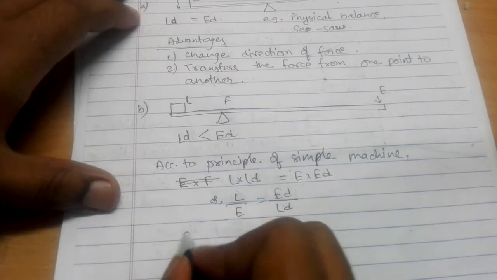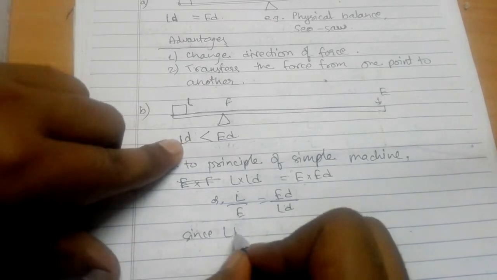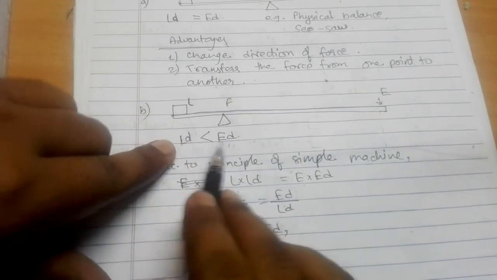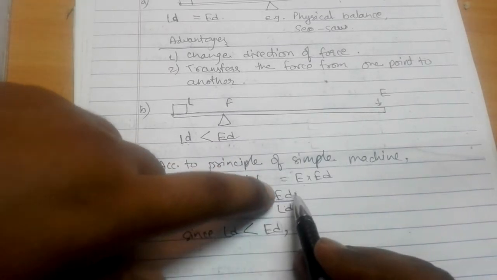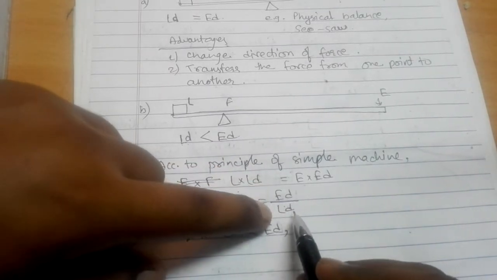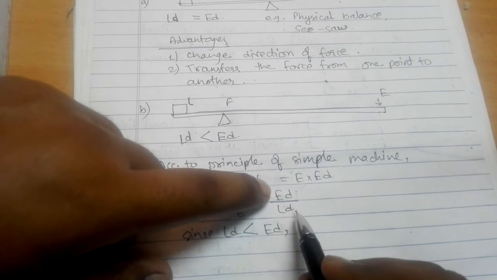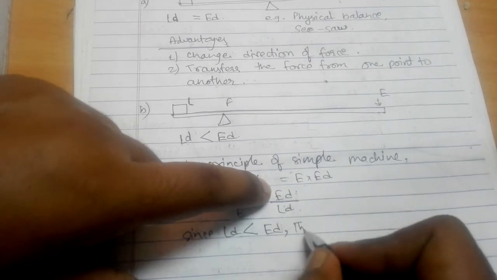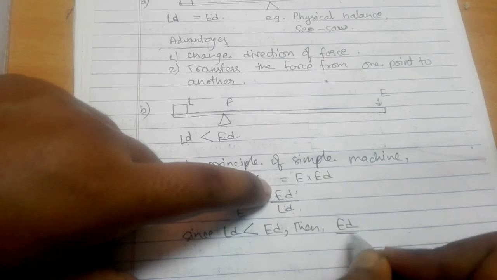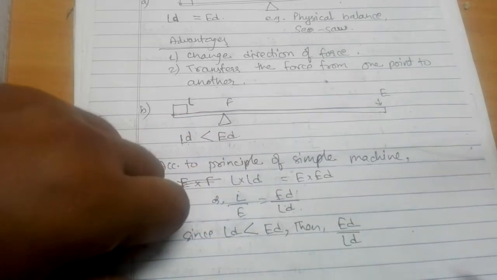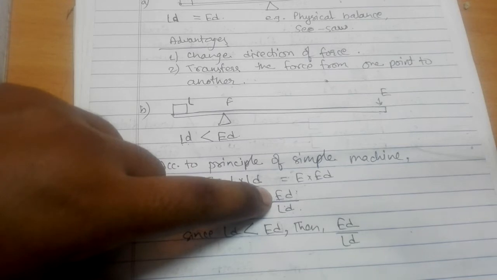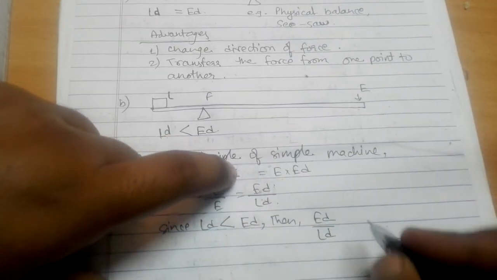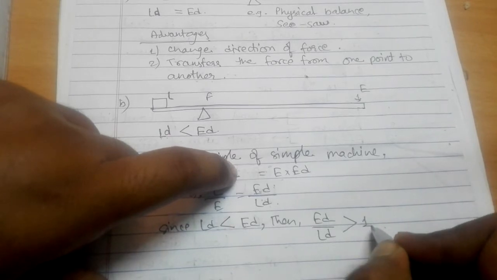Now, look here, LD is less than ED, which means the numerator ED is greater than the denominator LD. Then will ED by LD be greater than 1 or less than 1? Always remember, if the numerator has a greater value, the fraction will be greater than 1.